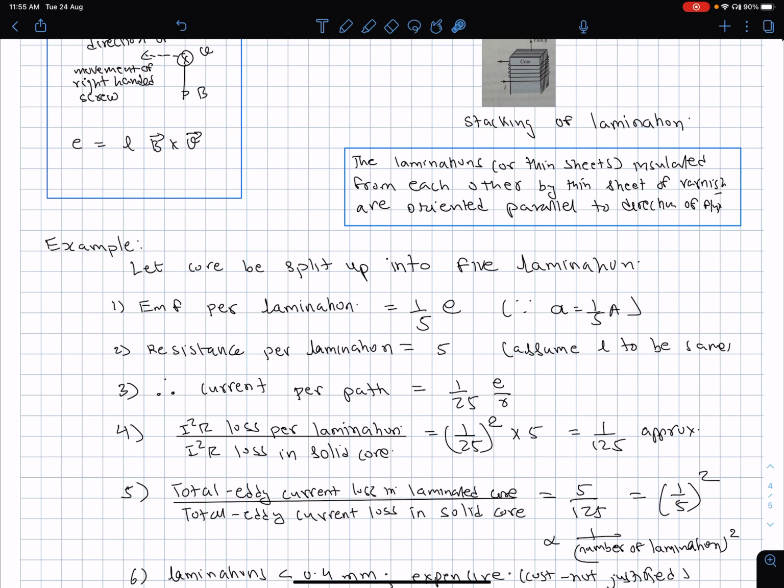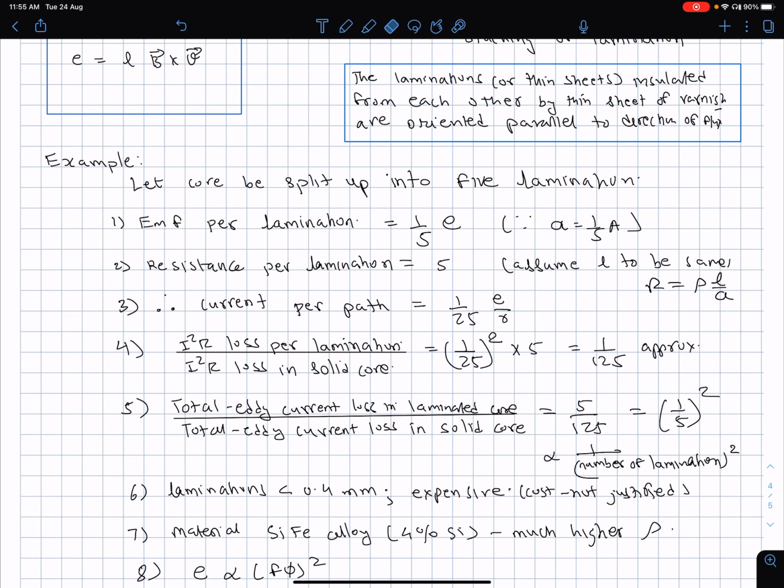But let's assume L to be the same, and the area of cross section becoming 1/5, the resistance, which is rho L by A, has increased by 5 times.